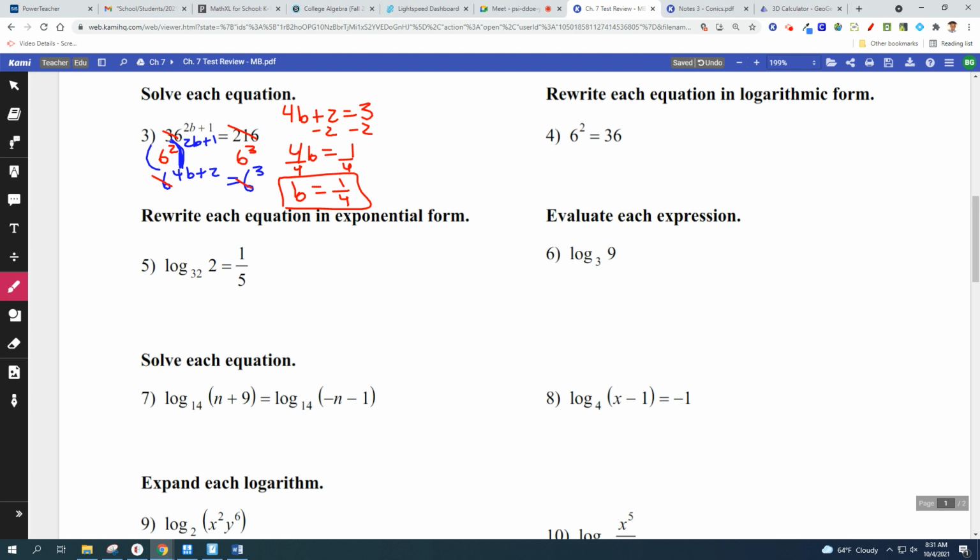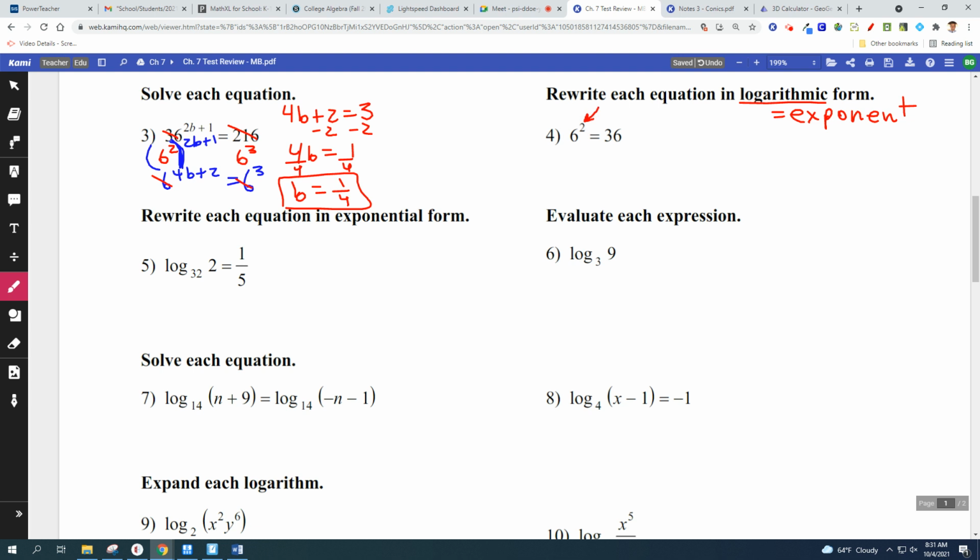Now there is another way of doing that problem I think you're going to like better, but we'll get to that later. Rewrite each equation in logarithmic form. In order to do this, you have to remember that the logarithm is equal to the exponent. Log equals exponent. So right here is the exponent.